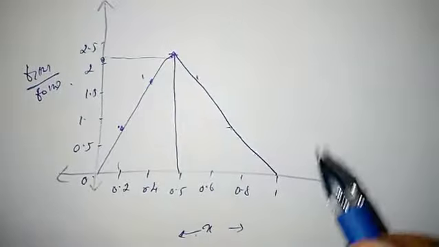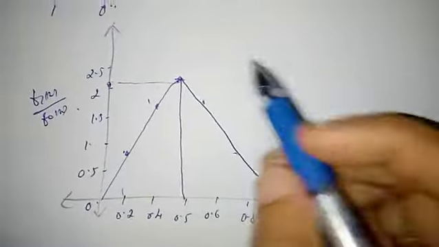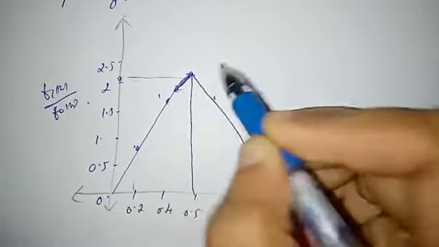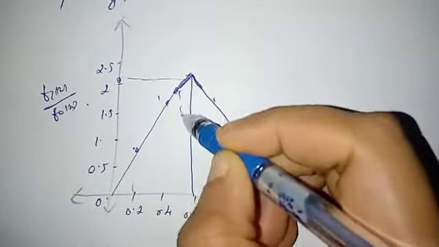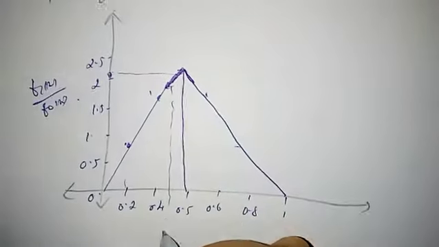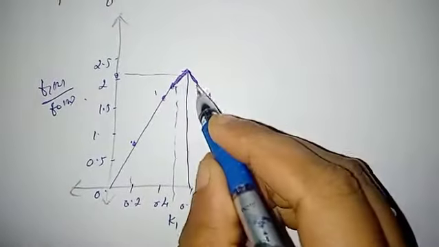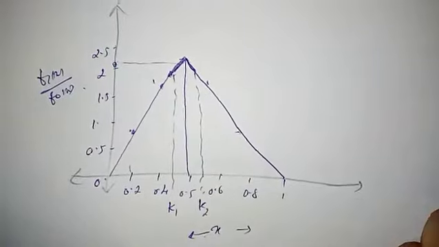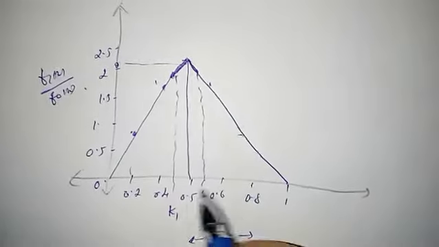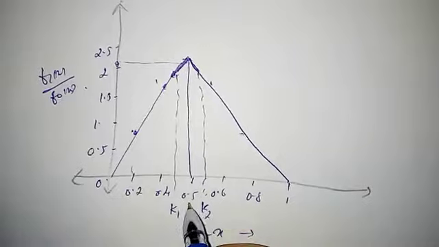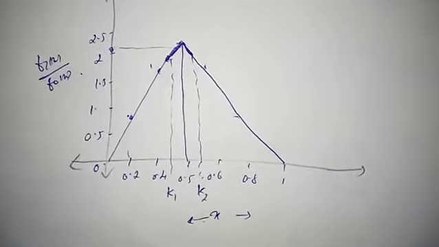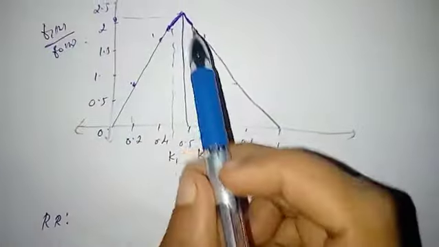So from these we have to obtain the rejection region, right? Here we will take this maximum value. We take some value k1, and here also we will take some value k2. Then there are two rejection regions, right?